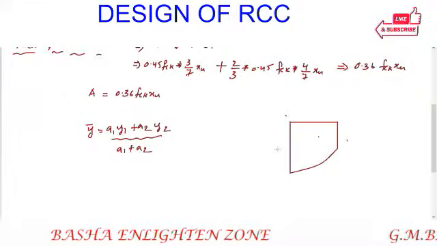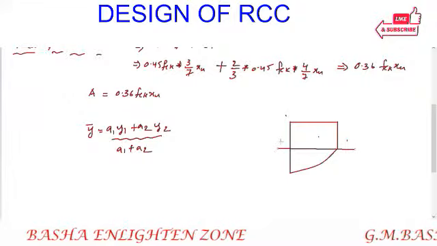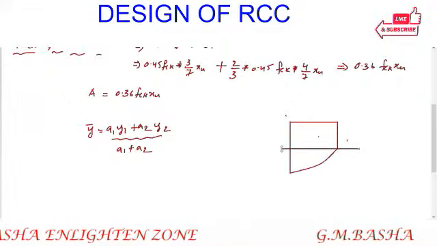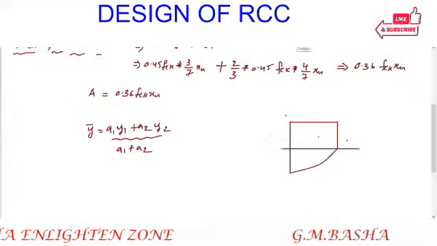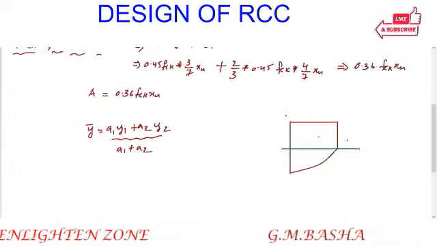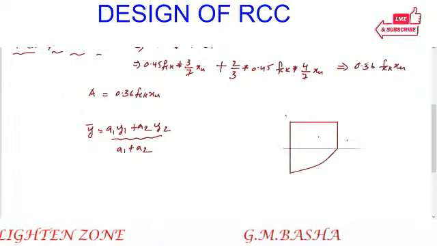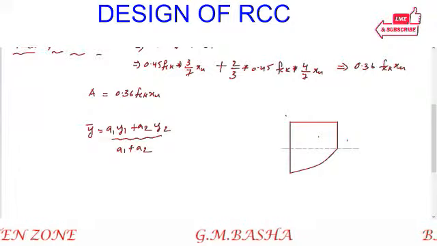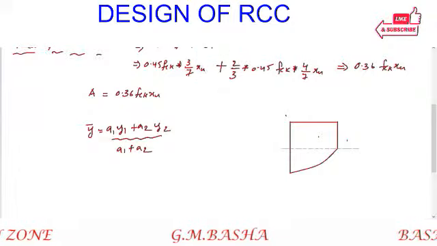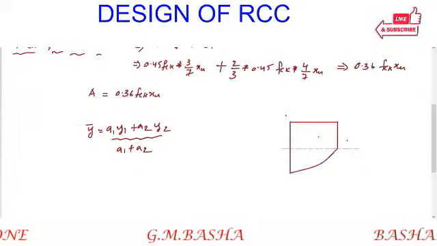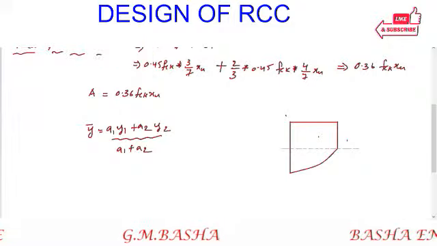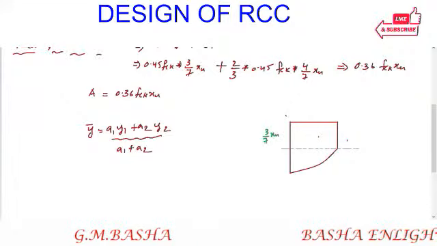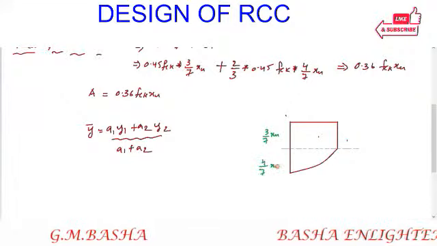So I am dividing this line also. Okay, then as I already told you, the entire top portion will be 3 by 7 xu, and the entire bottom portion will be 4 by 7 xu.